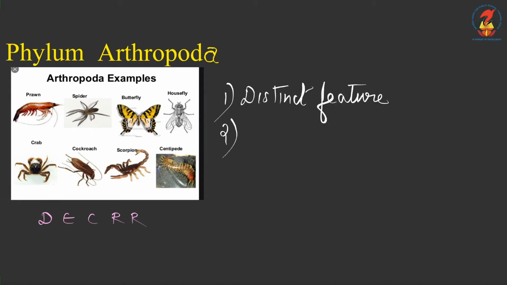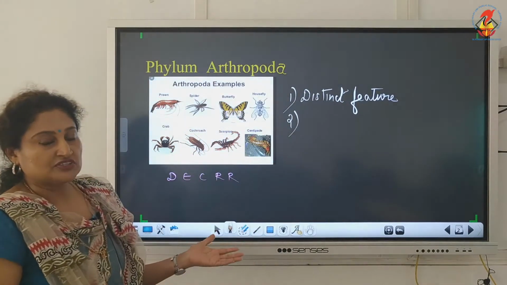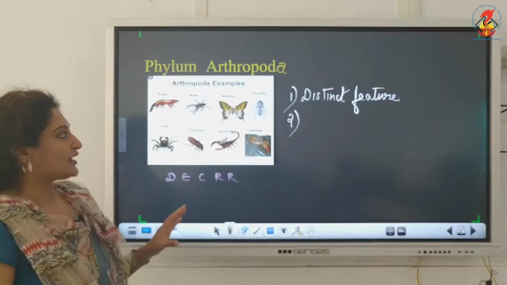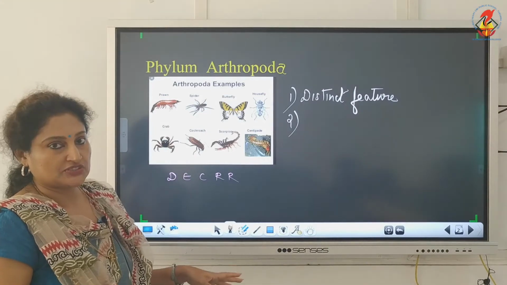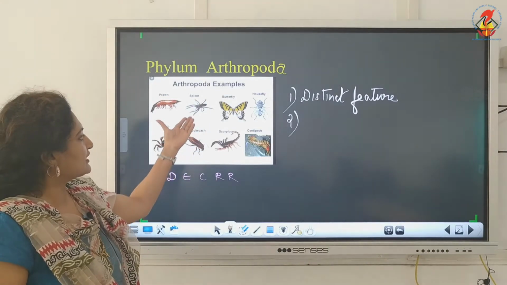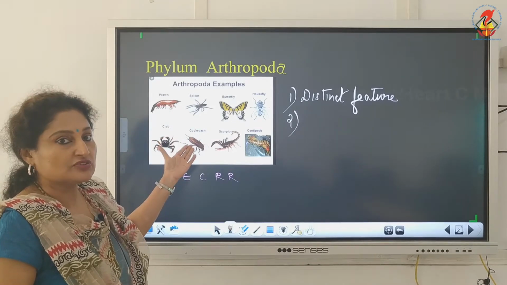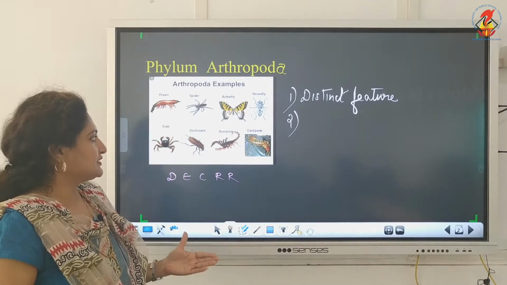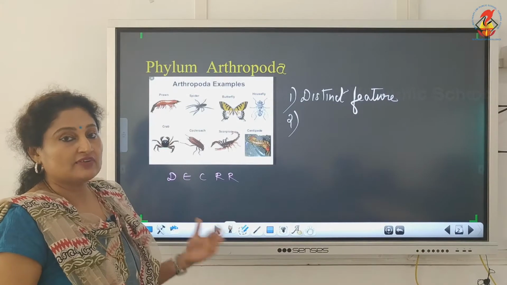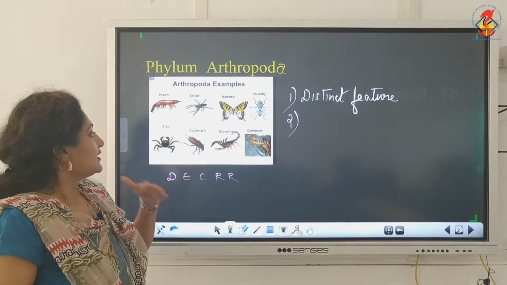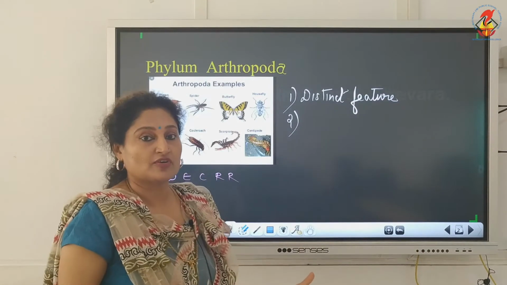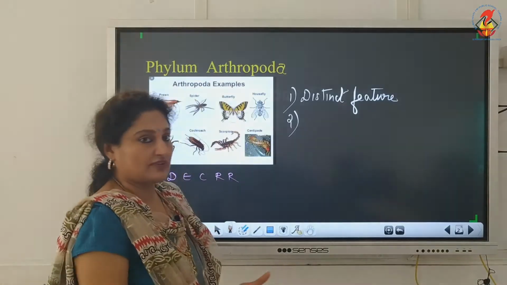The second is the fundamental features. Again, you have to refer to video number 1 to get all the fundamental features. Anyway, some fundamental features we can get from the picture is the symmetry. The symmetry is bilateral symmetry, and the level of organization is the highest advanced level of organization, called the organ system level of organization.